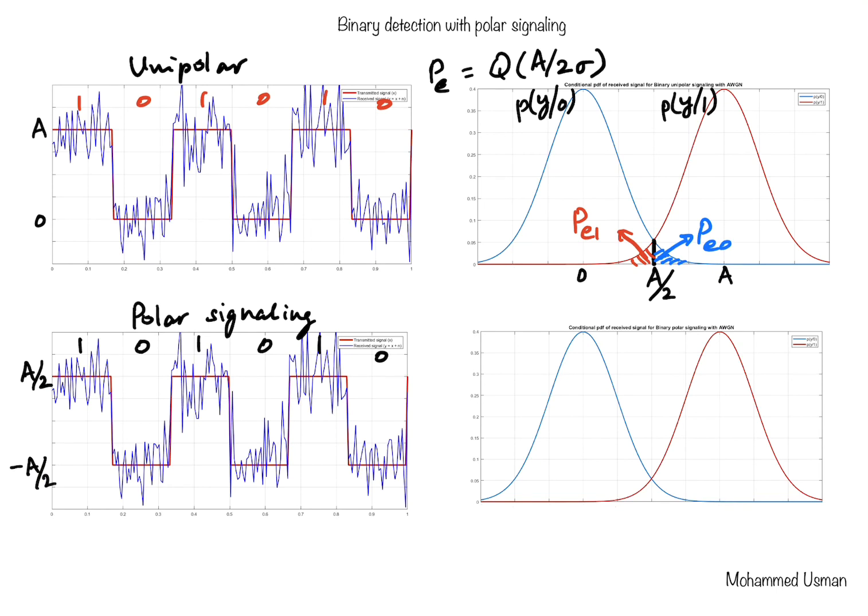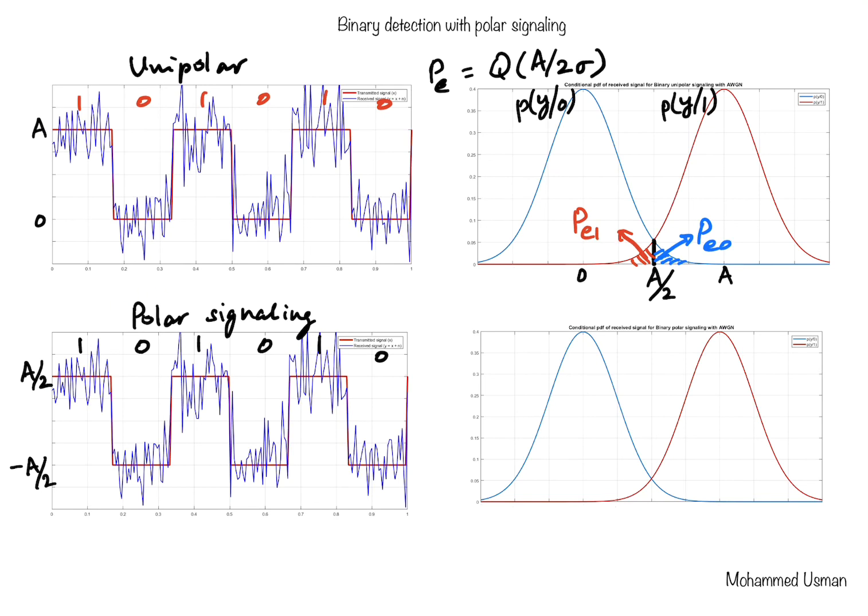Now the choice of this A by 2 is just to make a reasonable comparison with our unipolar case. In the unipolar case, we chose the level separation between 0 and 1 as A volt. The distance between them is A volt.